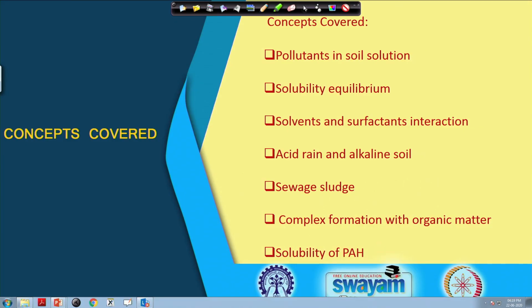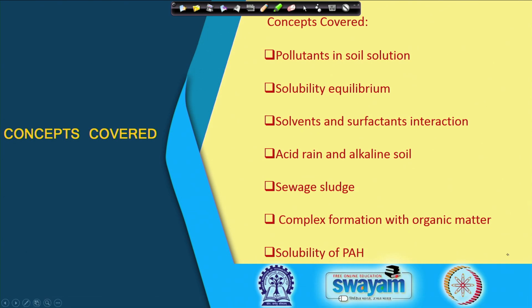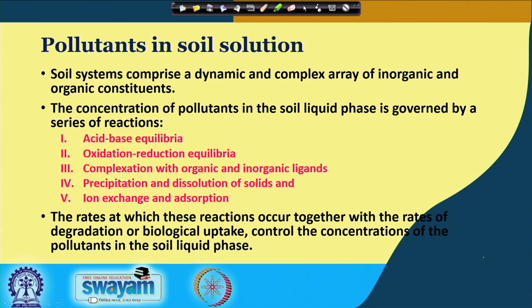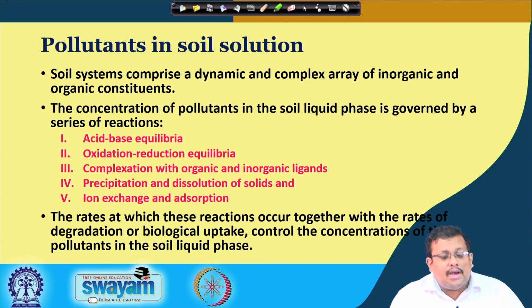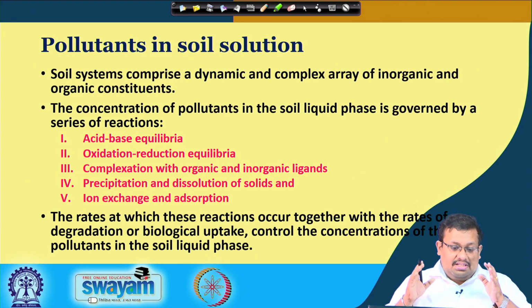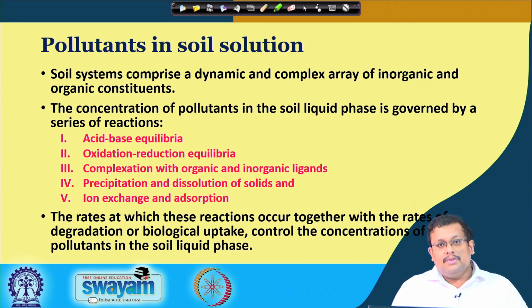So, let us start with the first concept, that is pollutants in soil solution. Soil systems comprise a dynamic and complex array of inorganic and organic constituents. The concentration of pollutants in the soil liquid phase is governed by a series of reactions.